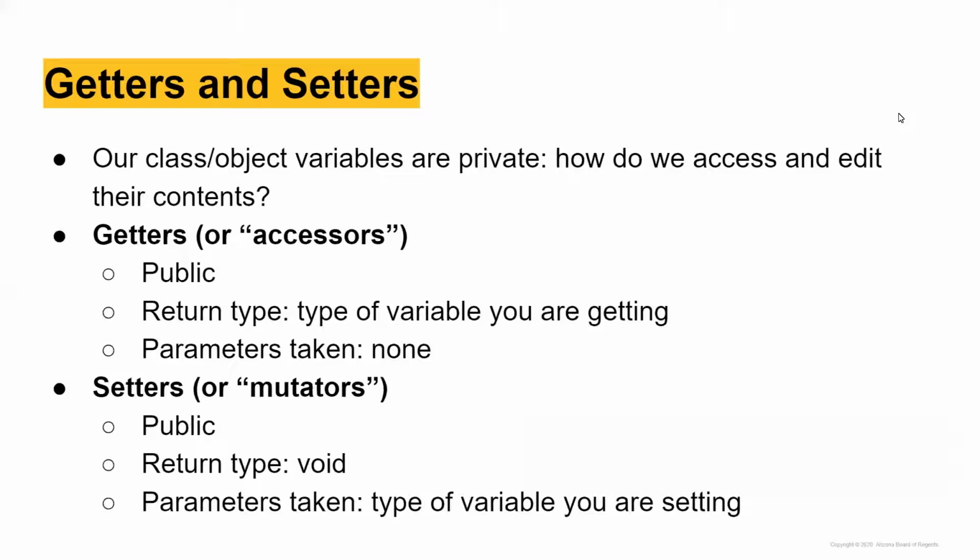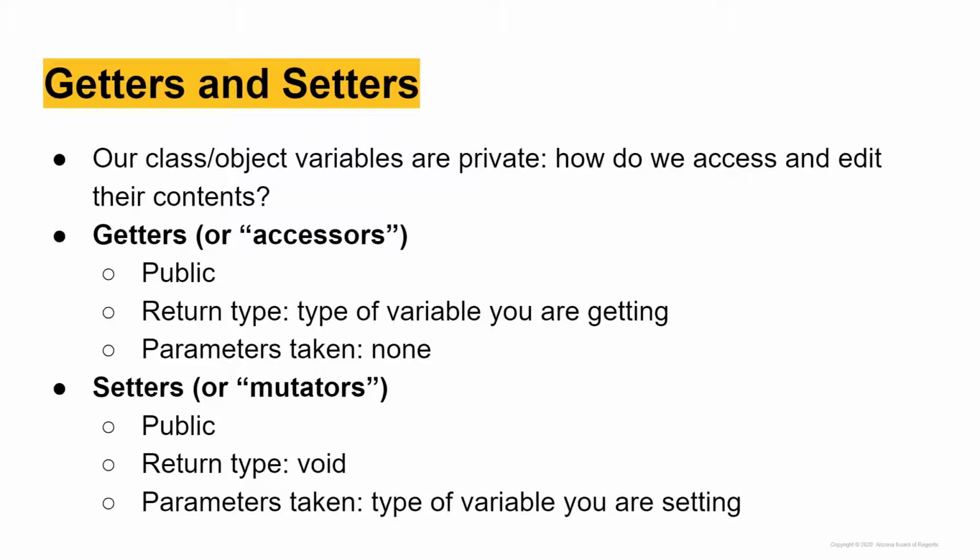All right, now we're going to talk about different types of class methods, and two really important ones are called getters and setters. Technically, they're called accessors and mutators, but let's be real, no one calls them that unless you want to sound like some kind of fancy computer science royalty. But for most of us, we just call them getters and setters.